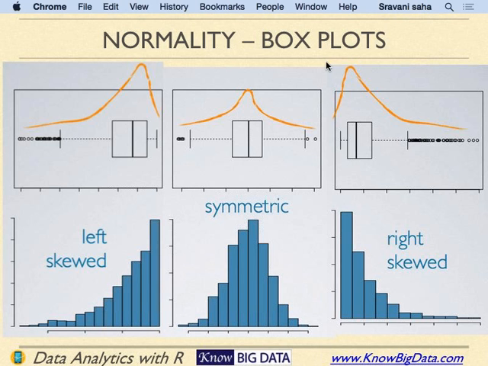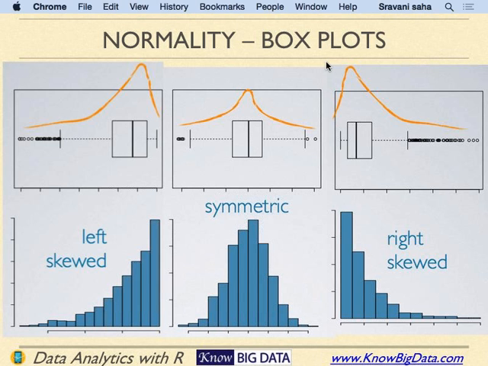There could be many kinds of graphs. So left skewed says that on the extreme right, there are the maximum number of people, and on the extreme left, the minimum number. Symmetric says that at the average value, the median or the mean, we have the maximum number of people. Right skewed says that at the minimum value, there is the maximum number of candidates.